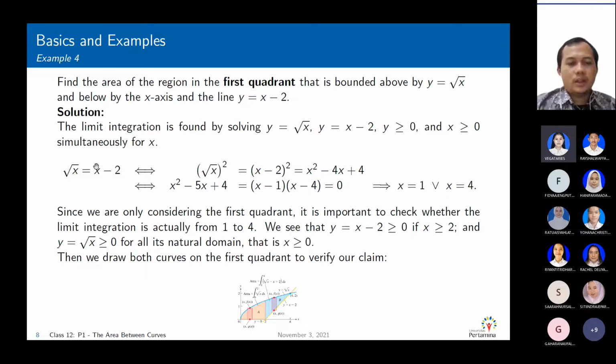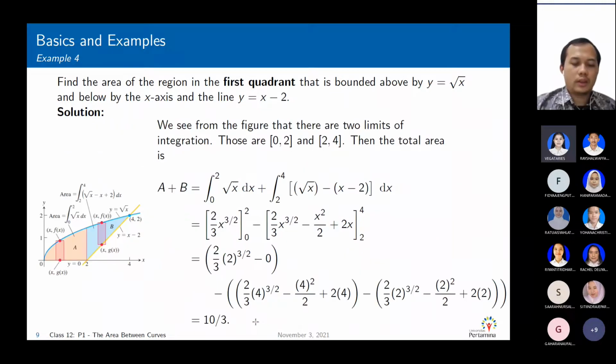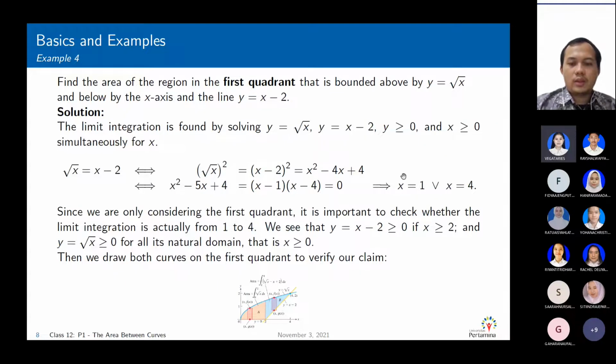Here we find that the x that satisfies this equality is x equals 1 or x equals 4. But since at x equals 1 the intersection point is below the first quadrant, it's actually in the fourth quadrant, we don't include it.